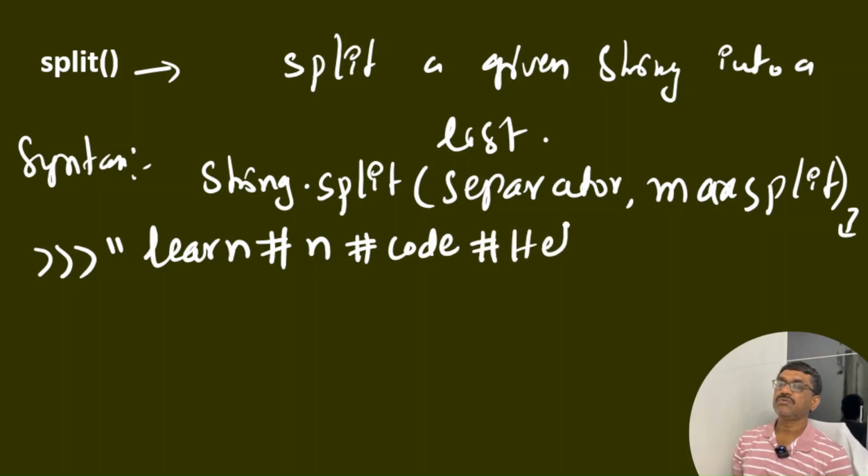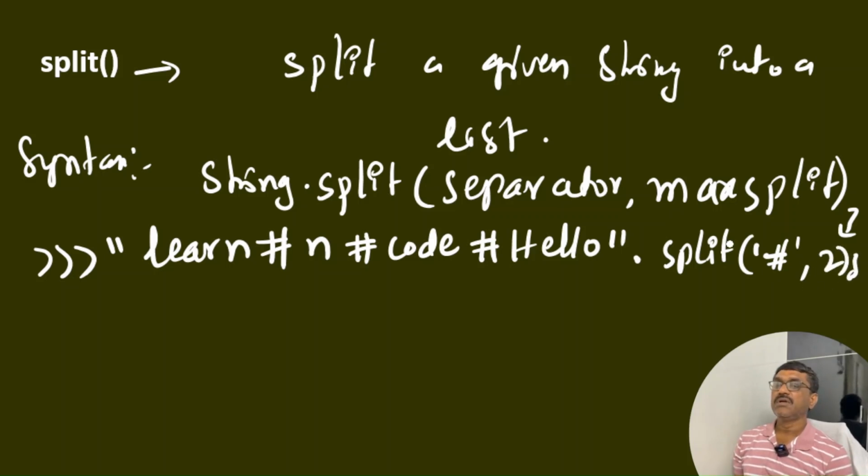And next I'm going to type the string hello, and I'm closing it in double quotes. After this dot, just type split. Now, what is the separator here? The separator I'm using is hash. And the count for maximum split is 2. Now I'm going to press enter.